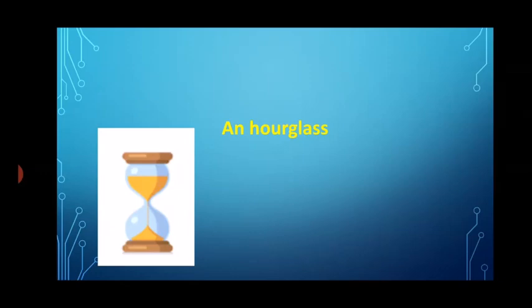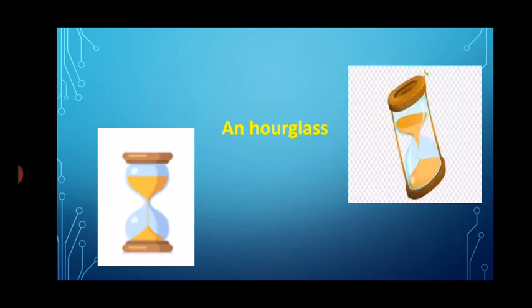The connecting hole between the vessels allowed the sand in the top vessel to fall into the lower vessel. The hourglass was constructed in such a way that it took 1 hour for all the sand to fall from one vessel into the other.